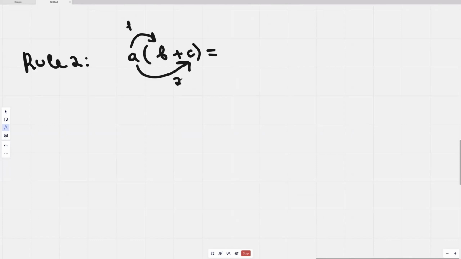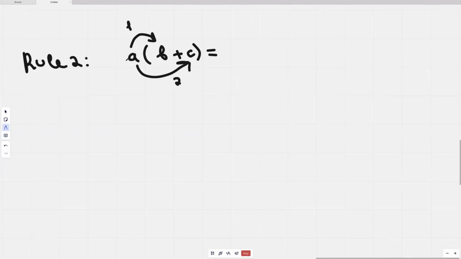However many items there are in the bracket, each item should be multiplied by the thing that is outside the bracket.